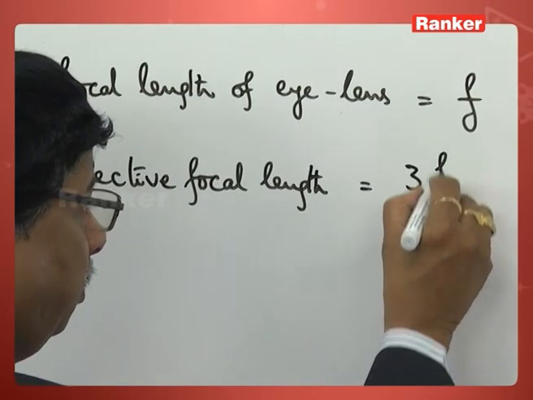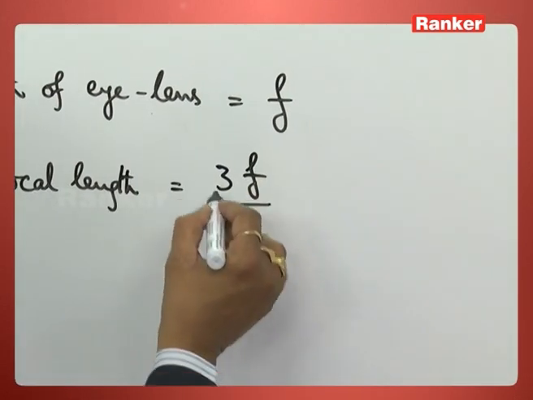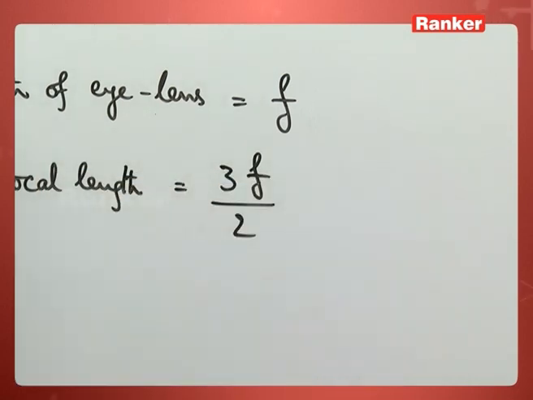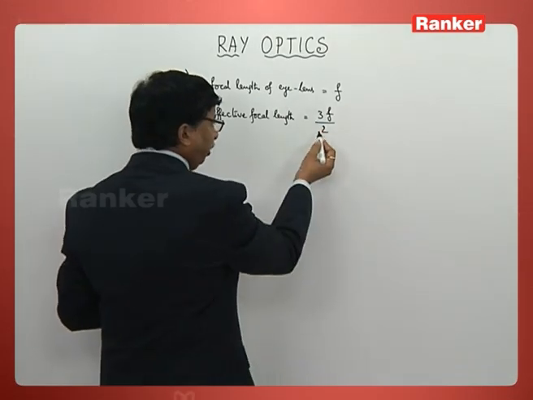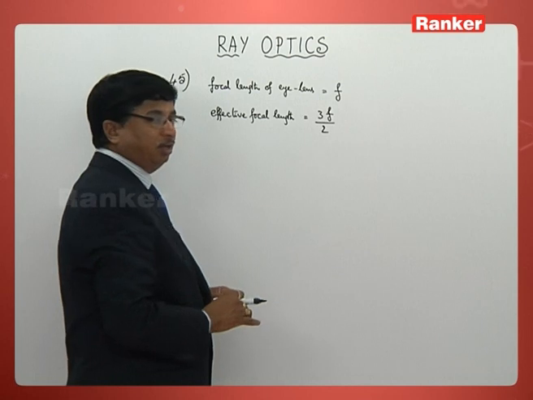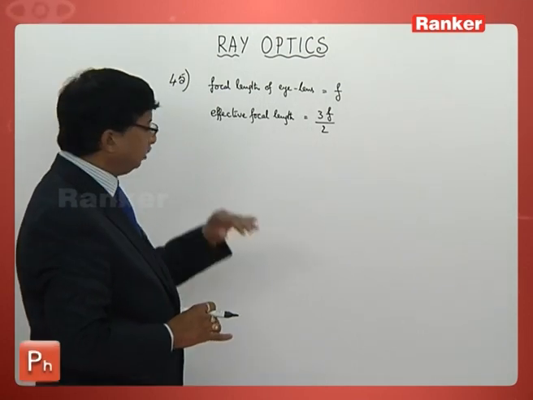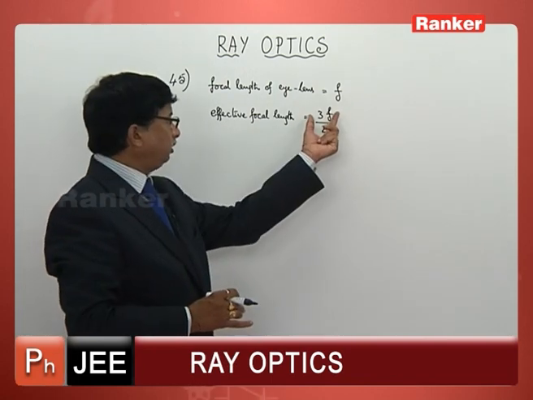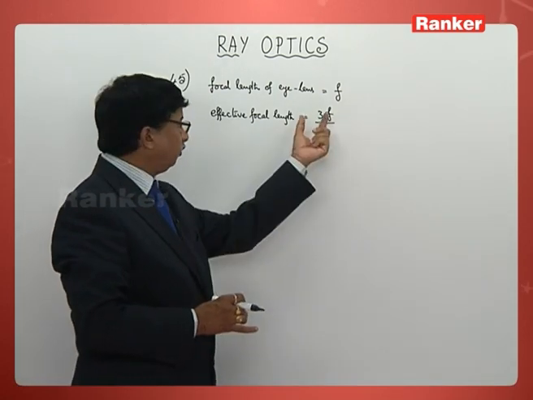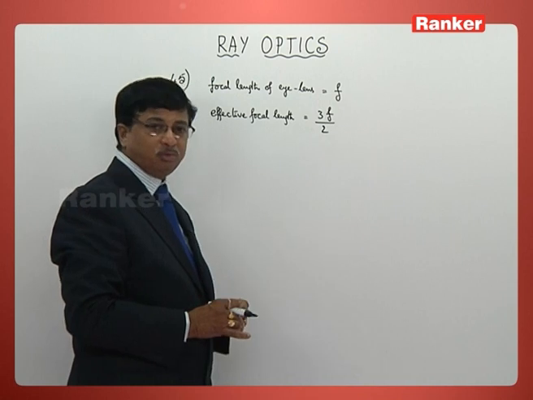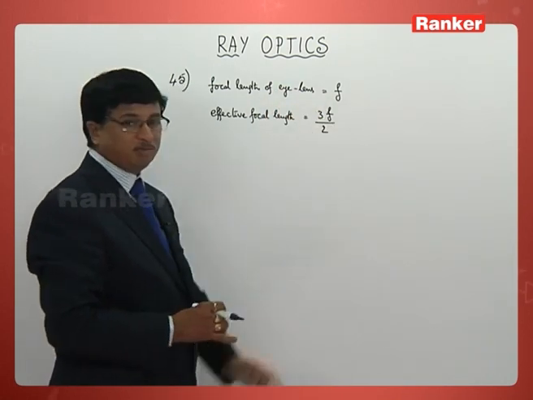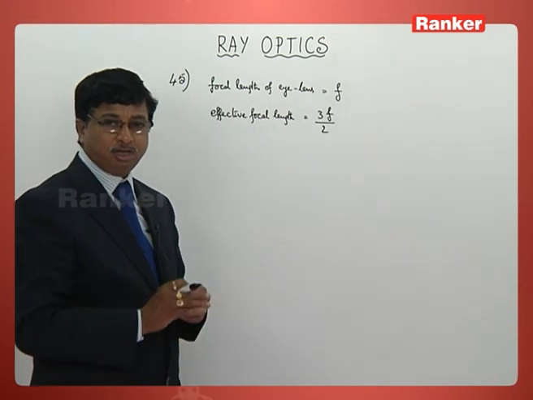How to remember this one? It is either focal length of the field lens by 2, or 3/2 times the focal length of the eyelens. Either way you can remember, it is left to you. Focal length of the field lens is 3f, therefore focal length of field lens by 2, or 3/2 times the focal length of its eyelens. That way also you can remember.